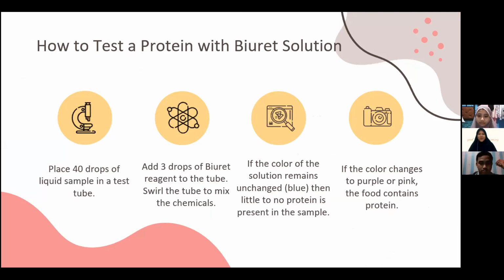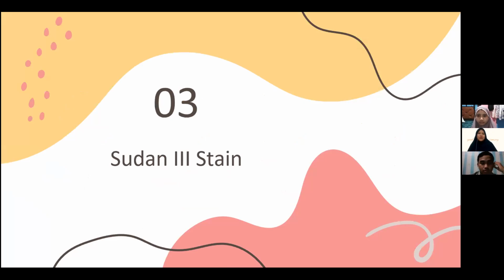If the color changes to purple or pink, the food contains proteins. The color change can be a bit hard to see. It may help to place a white index card or sheet of paper behind the test tube.